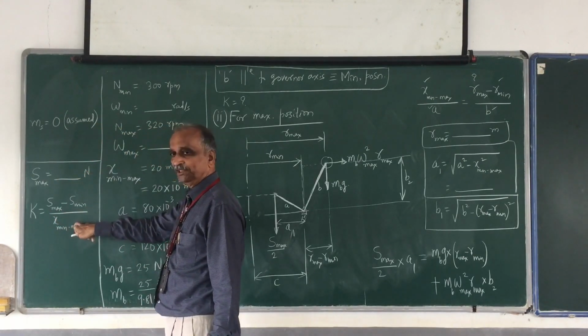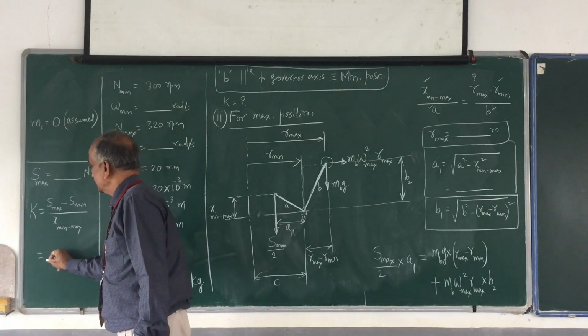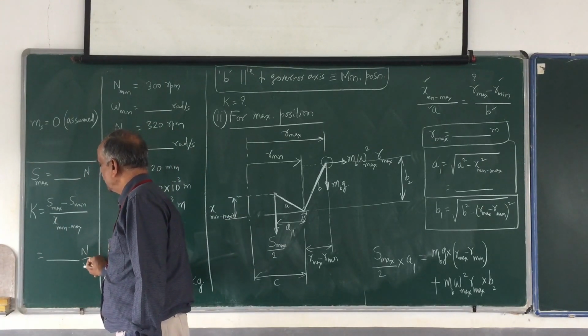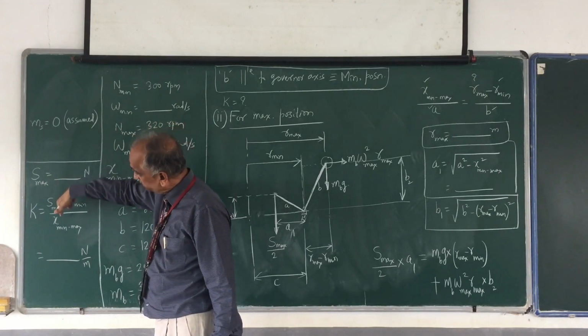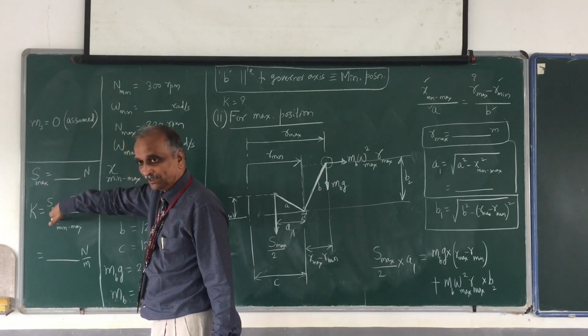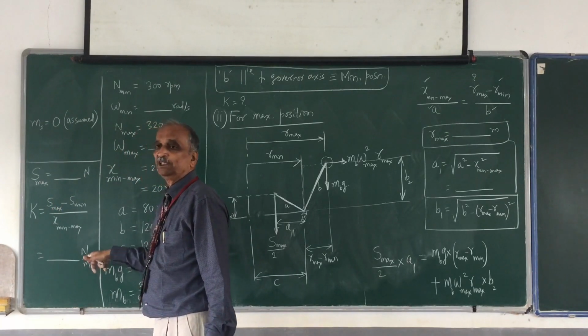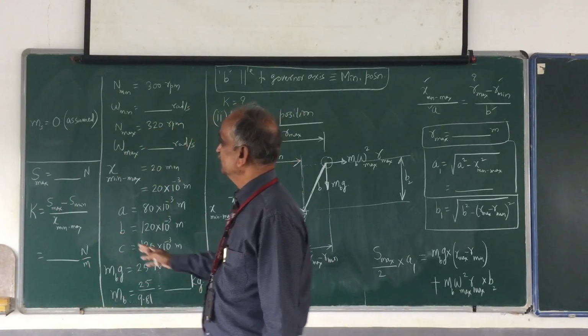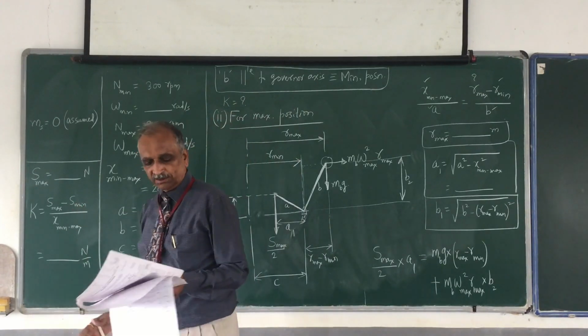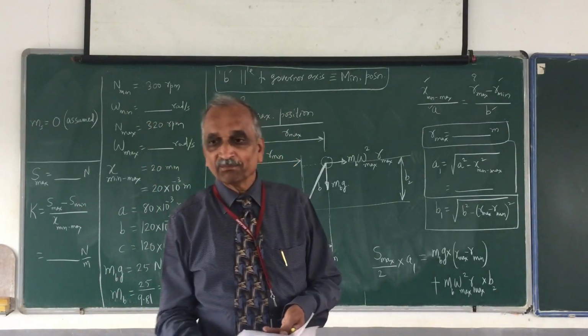If this is in meters, you will get so many Newton per meter. If you substitute this in millimeter, then you will get so many Newton per millimeter. This is what is asked. You are asked to find out the stiffness of the spring.